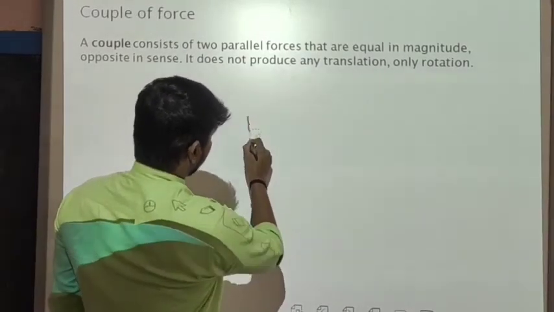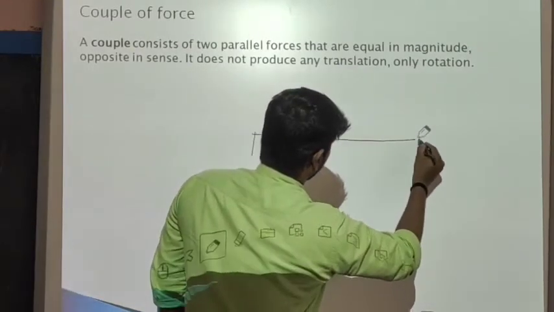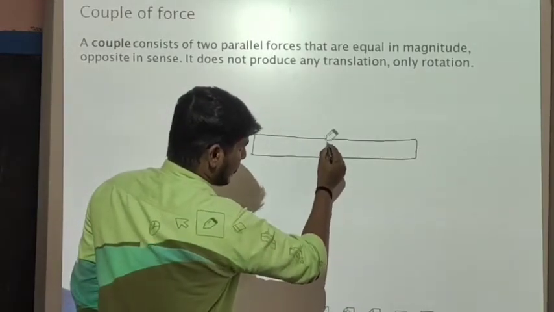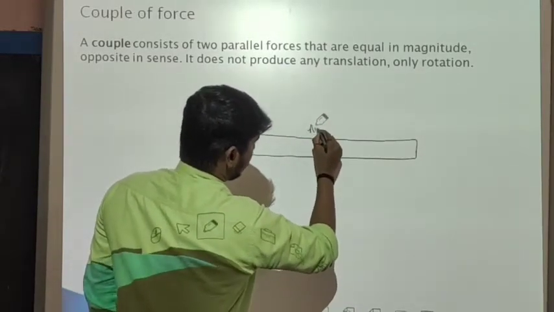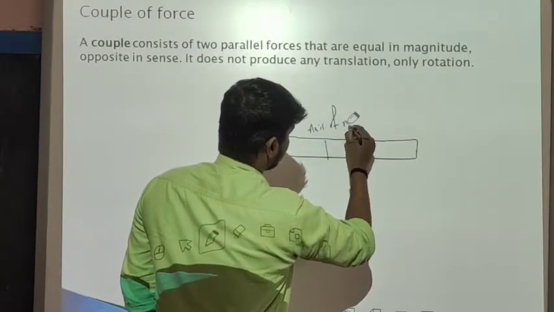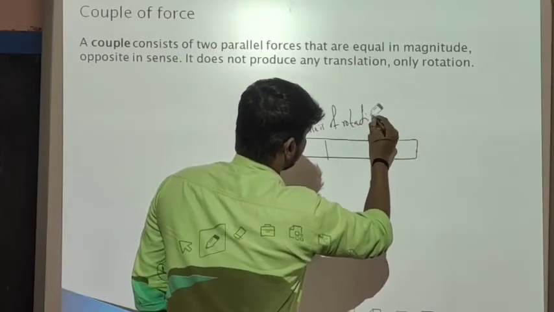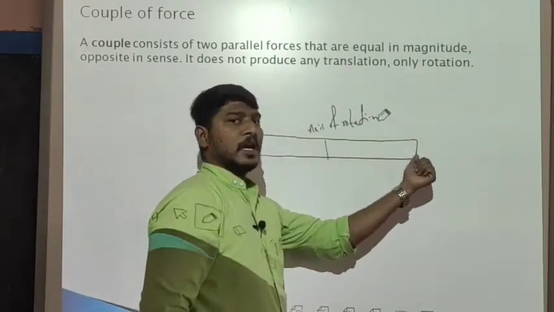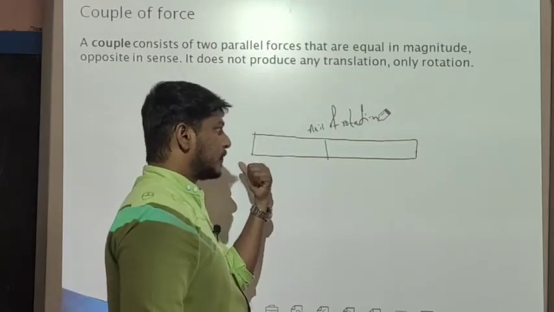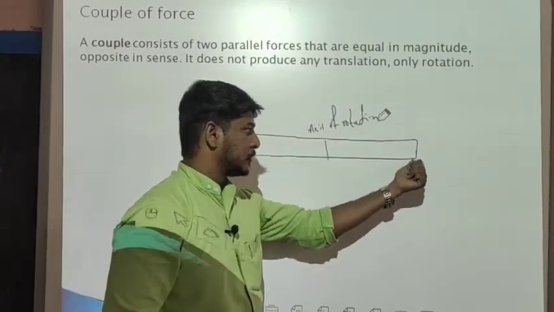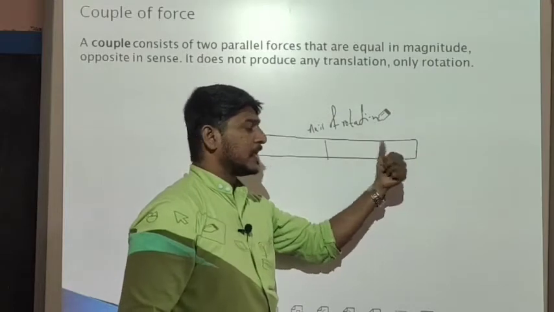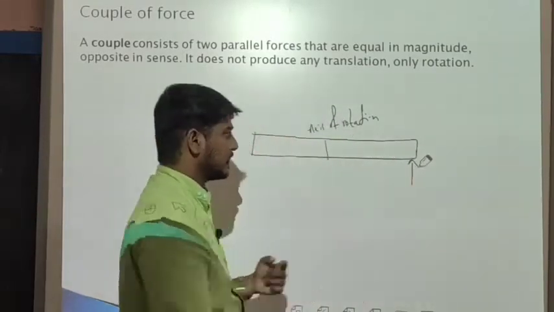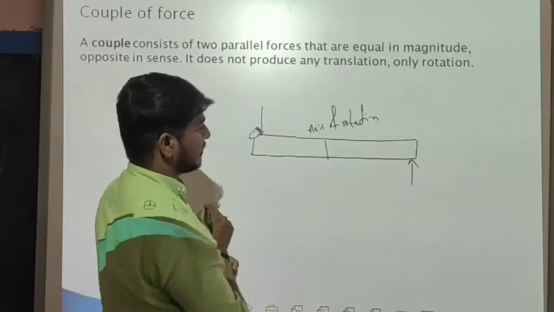I am going to consider one object, and exactly at the center the axis of rotation is fixed. Then at both ends I am going to apply two equal, parallel forces in opposite directions, one in this direction, another in this direction.